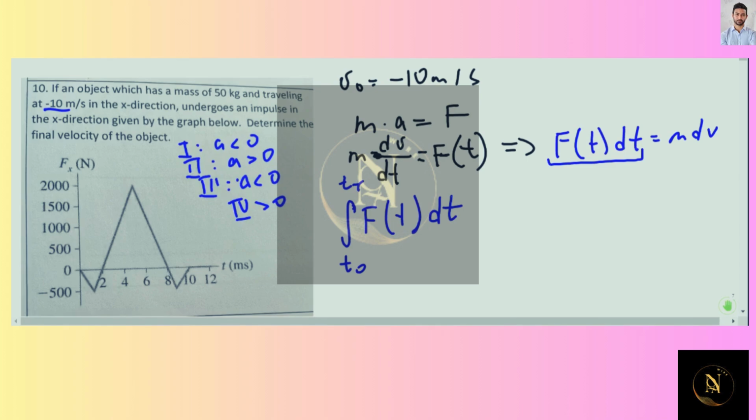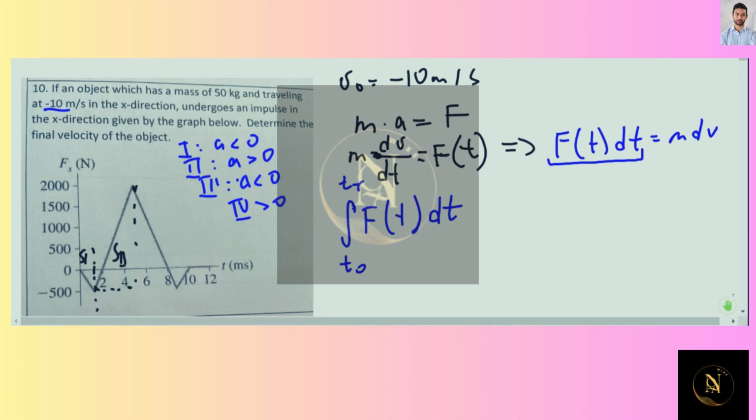Now let's look at the areas which are limited by each process. The initial process has area S1. Then the second process has area S2.